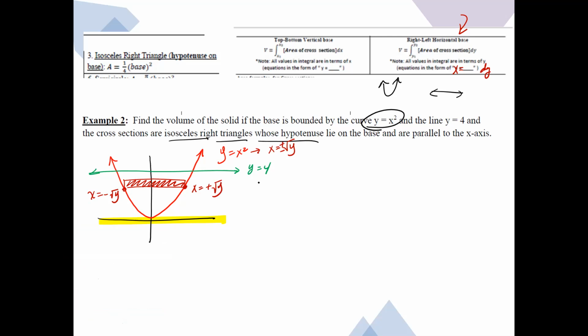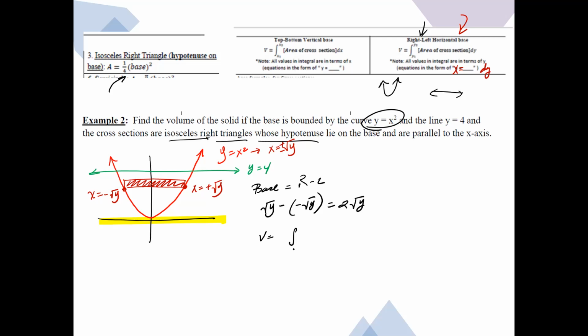Okay, so let's find the base. Just remember that your area is going to be 1/4 base squared. Your base is going to be right minus left because of the horizontal base. The right side is the square root of y minus the left, which is a negative square root of y, so that's just 2 square root y for your base.